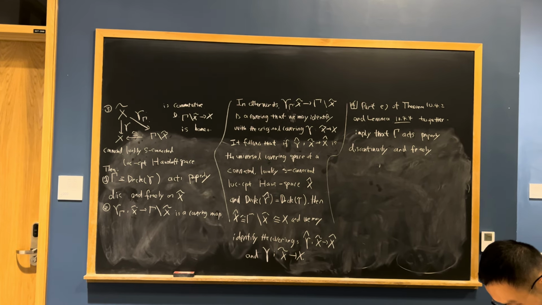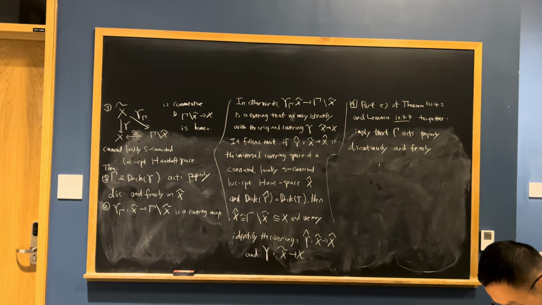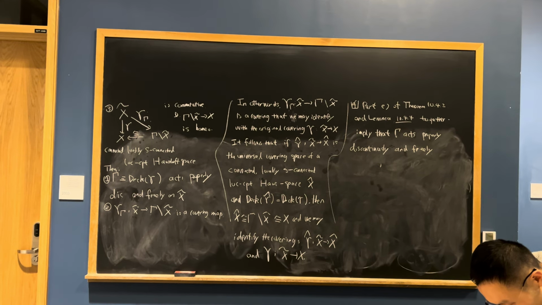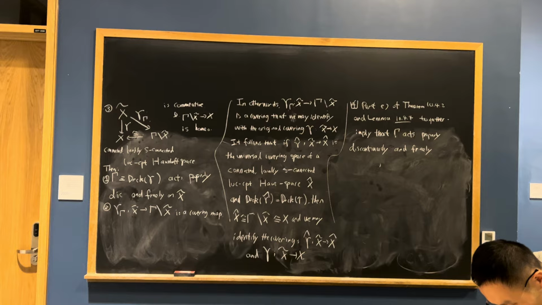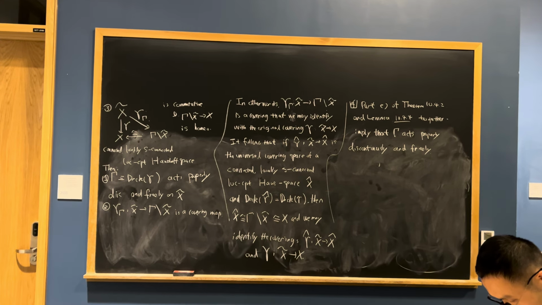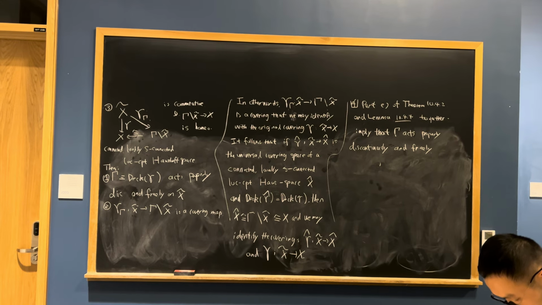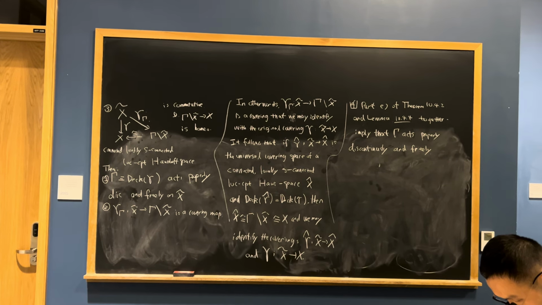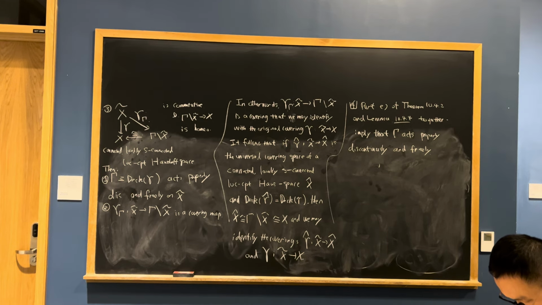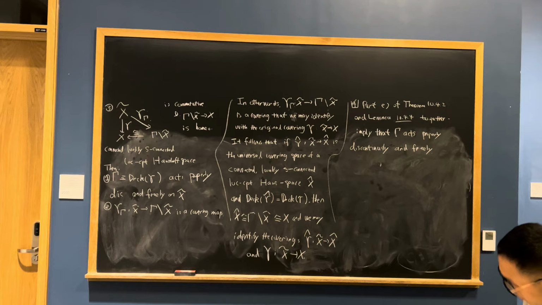So it acts properly discontinuously on X means that for any compact set K in X, gamma K intersect K is non-empty for only finitely many elements small gamma of big gamma. Okay, I want to show that.